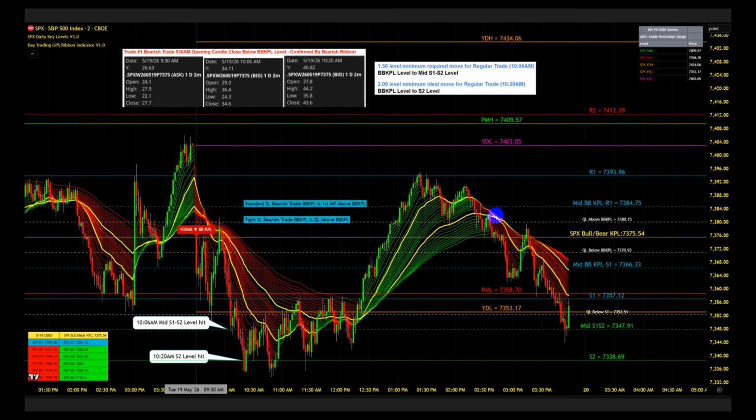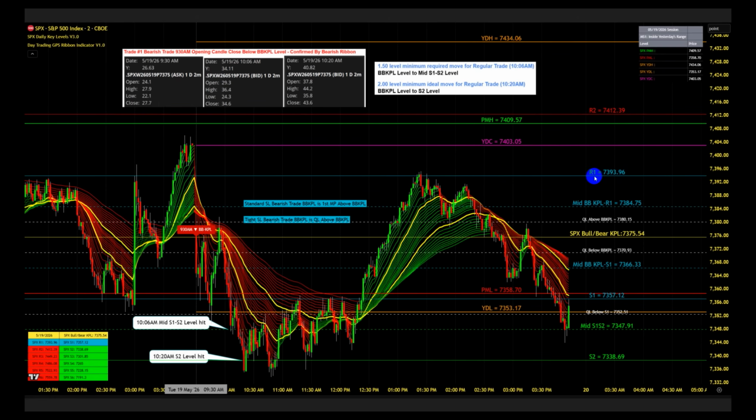Now, the standard stop loss is going to be your midpoint level. In the case of a bearish trade, it's going to be the first midpoint level above the level that you're taking the trade from. In the case of a bearish trade from the bull bear key price level, it's going to be the first midpoint above that level, which is this level here, mid BB-KPL R1.